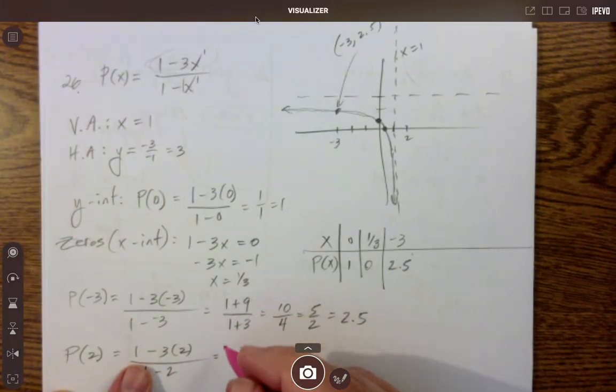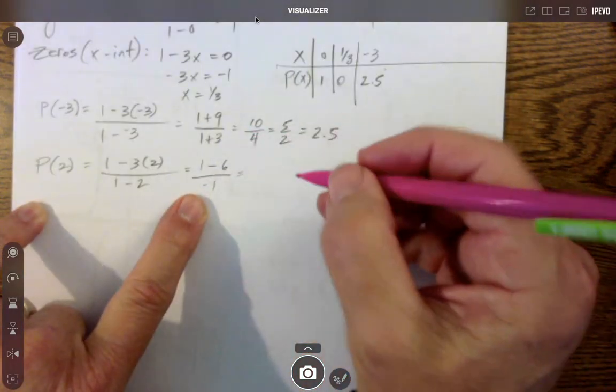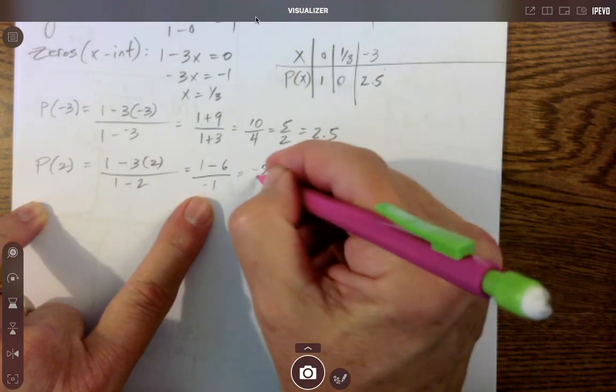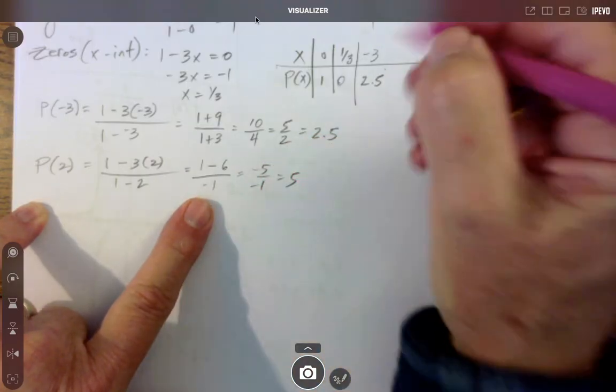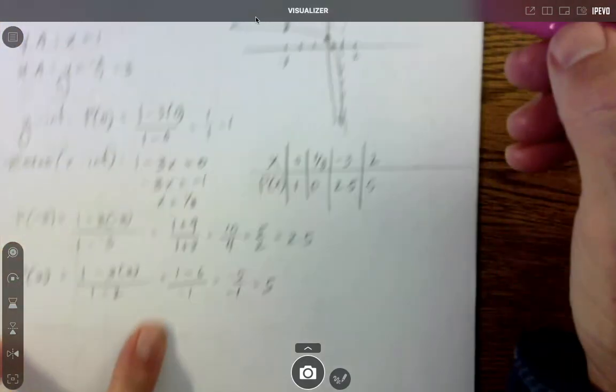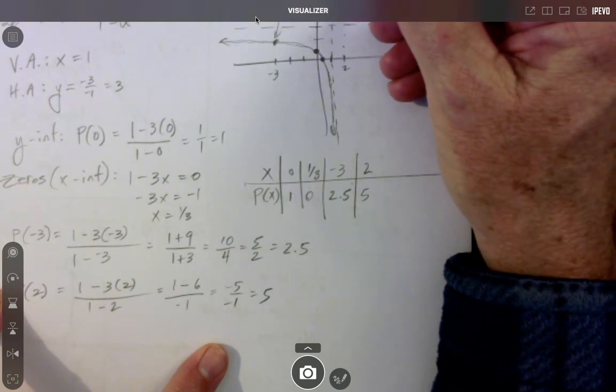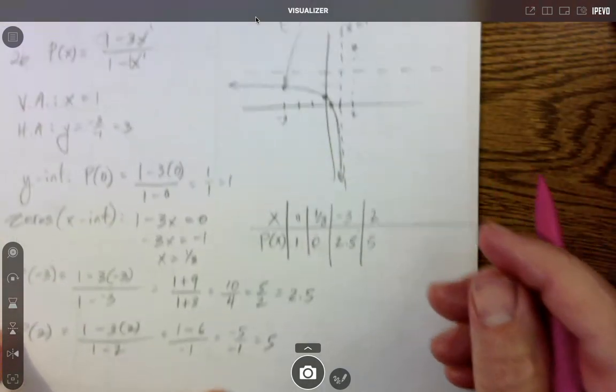So that's going to be 1 minus 6 over negative 1, which is negative 5 over negative 1, right? So 5. So when I plug 2 in, I get 5. So 1, 2, 3, 4, 5. So that's a point on the graph right there.